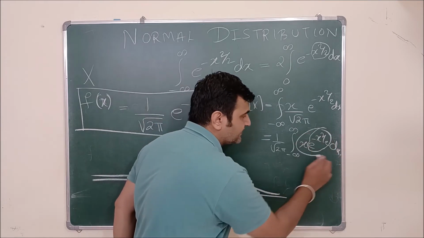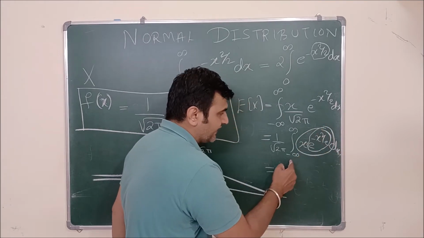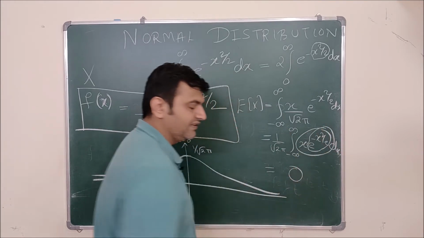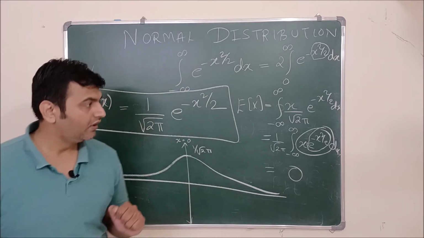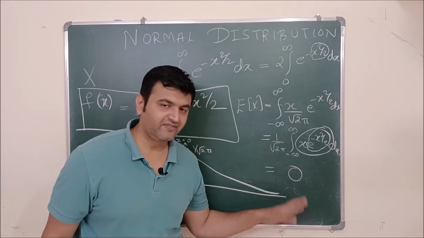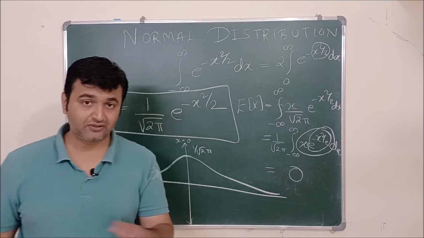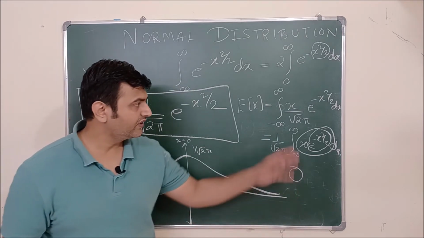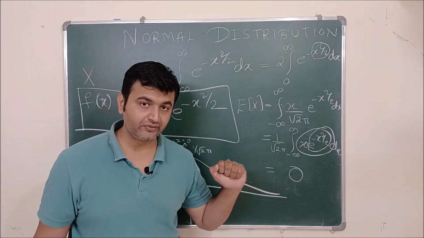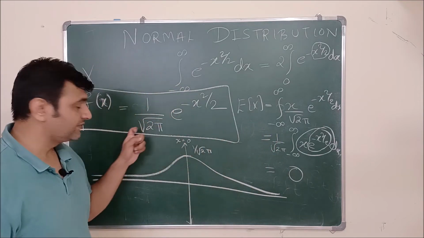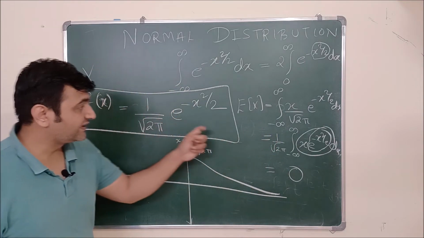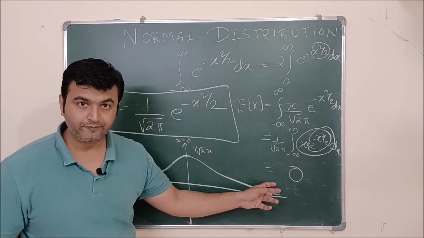So this complete thing is an odd function, therefore its integration from minus infinity to infinity is 0. If this is difficult to digest, you can see my lecture on odd and even functions, or try to solve by the earlier hints. So for this PDF, the expectation of x comes out to be 0.